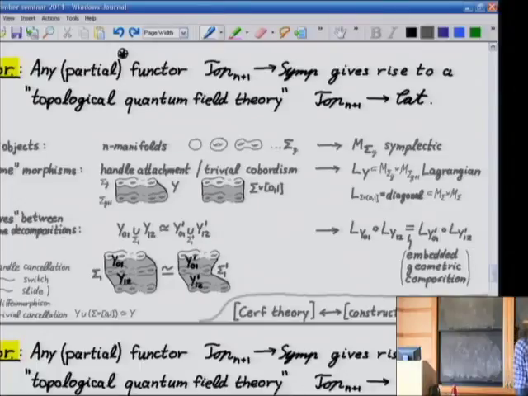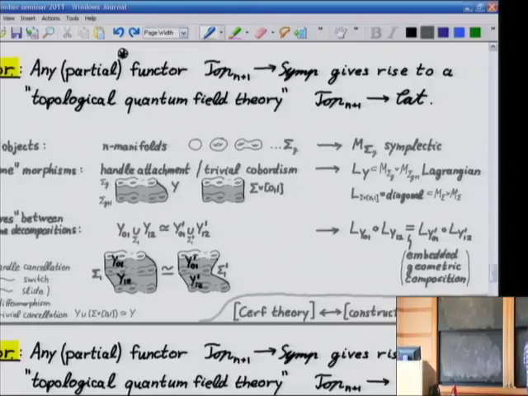I guess there's sort of a little extra bit in this corollary. We actually just need a partial functor. A partial functor is something that is defined on all objects and on some sort of prime set of morphisms, except they're not prime. So the morphisms generate everything up to some relations.